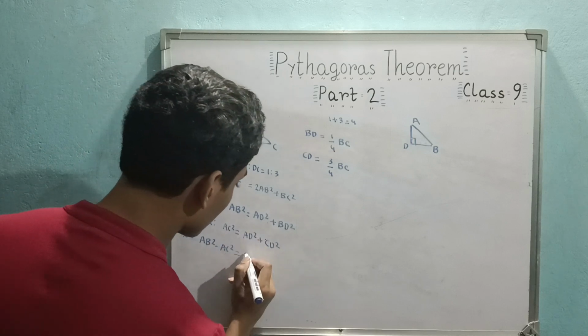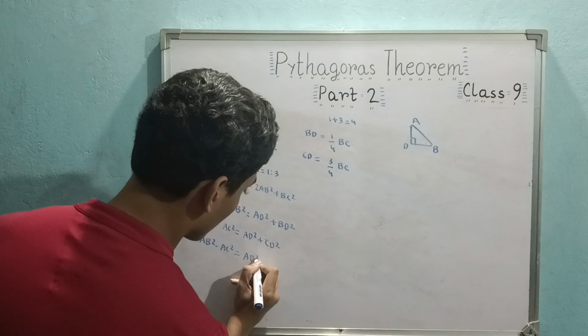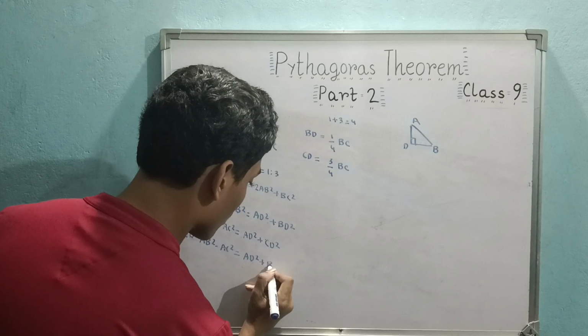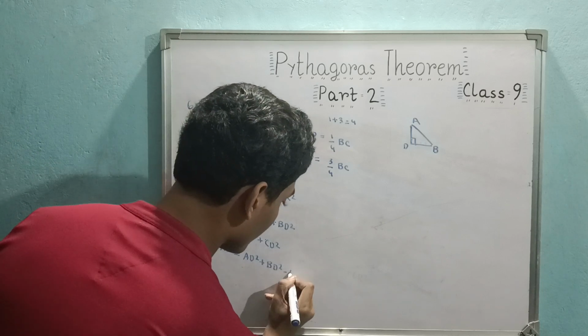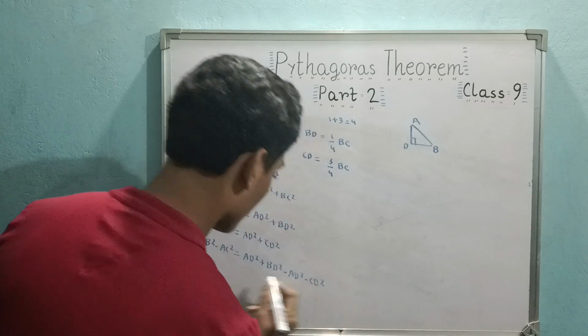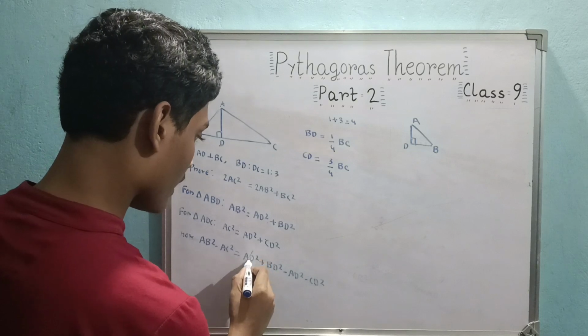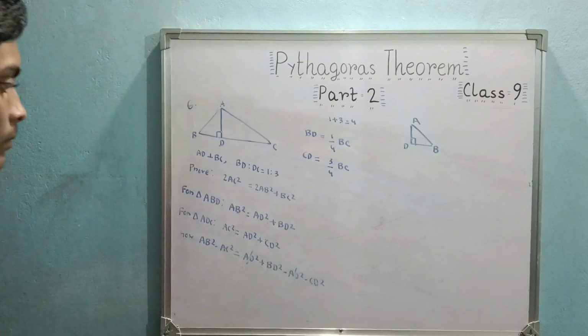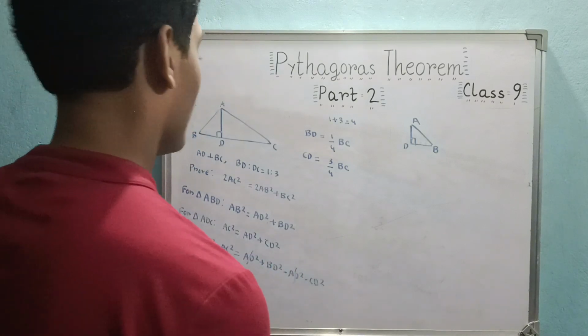This will be equal to AD square plus BD square minus AD square minus CD square. Okay, cancel out this AD square. It remains BD square minus CD square.